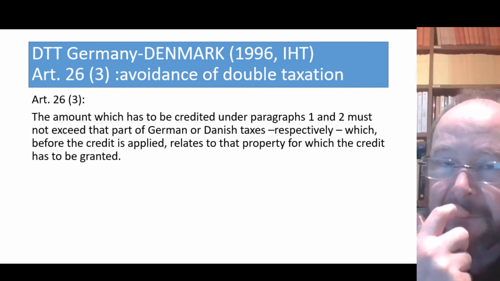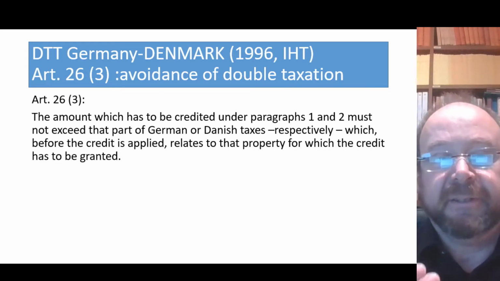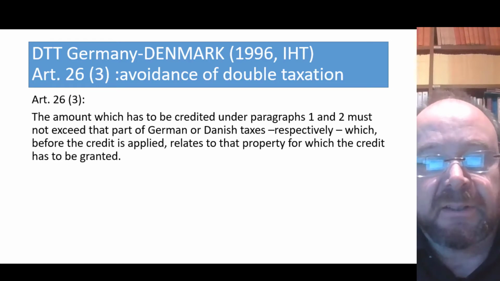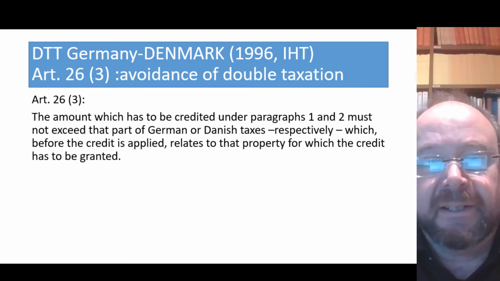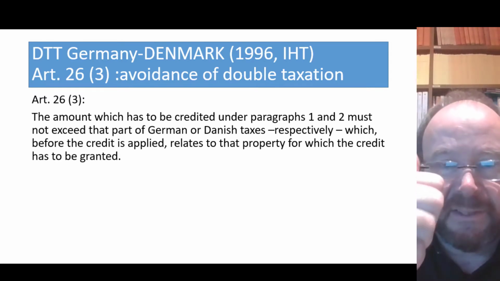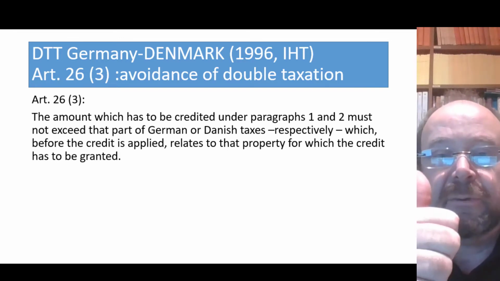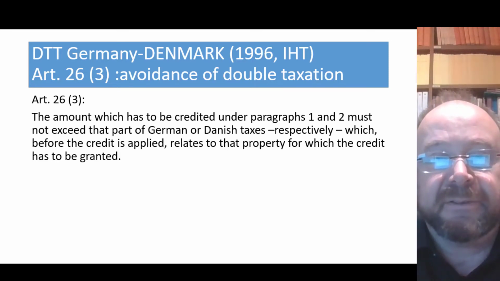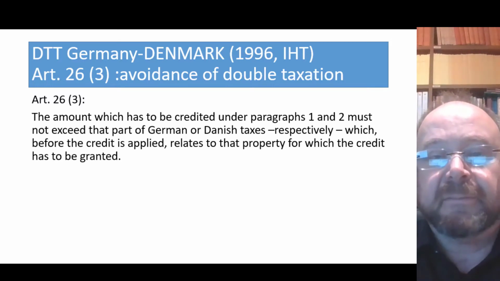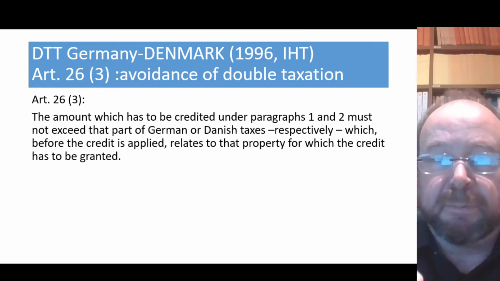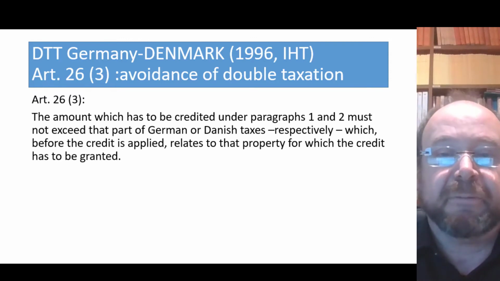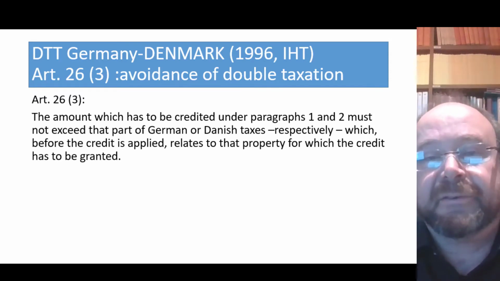Okay. So the rules which we have here just show us in a relatively confused way exactly the sequence which we established before. Source state is always the first who can raise a tax claim and doesn't need to credit. Source state under the DTT, you are source state for the things mentioned in Article 25: immovable property and a permanent establishment located in your country.